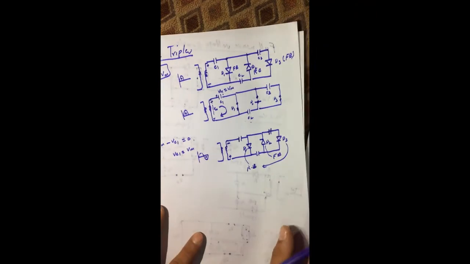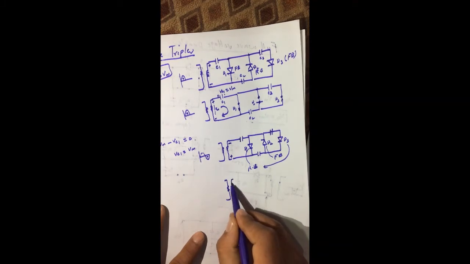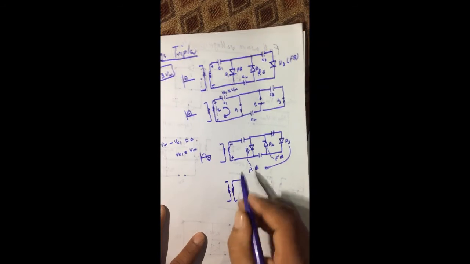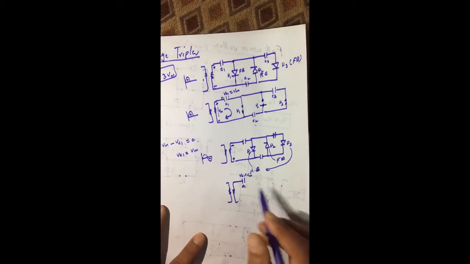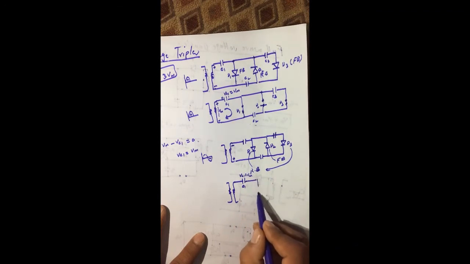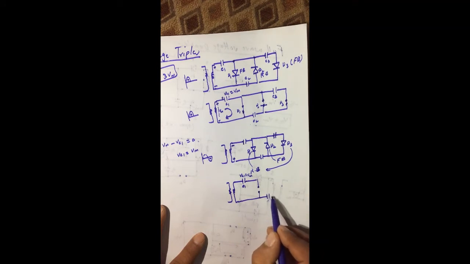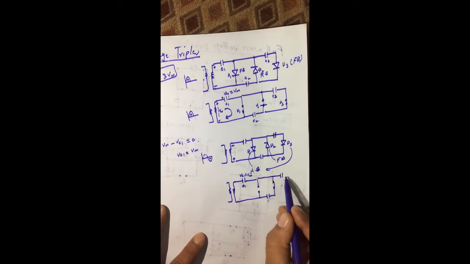Now we will replot this figure again. So here we have capacitor C1 and its voltage is VC1, which is Vm, and here we have diode D1, which is open, and here we have capacitor C2, and here we have diode D2, which acts like a short circuit, and here we have capacitor C3, and here we have diode D3, which acts like an open circuit.